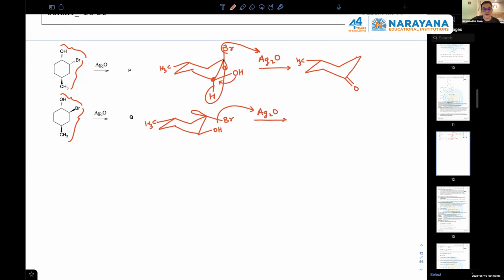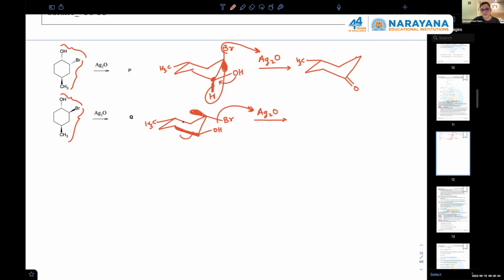You got my point? Whenever you are, suppose, having any backup condition, the anti-bonding and the migrating species both should be parallel. For this anti-bonding, the parallel bond is this one only. So when you are, suppose, removing this Br, which is on equatorial, its anti-bonding is like this. For this anti-bonding, the parallel bond is this one.